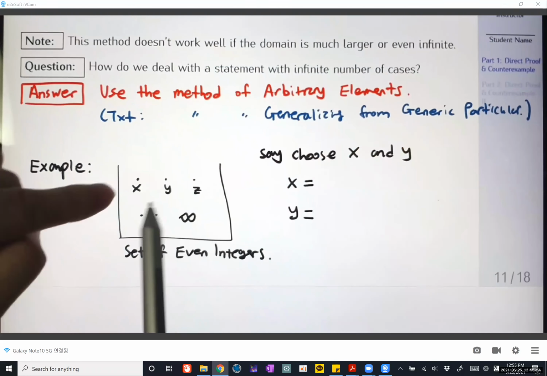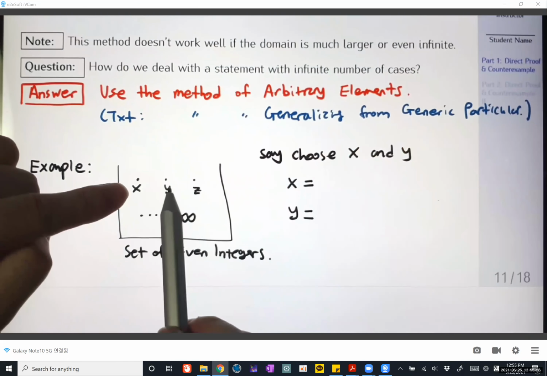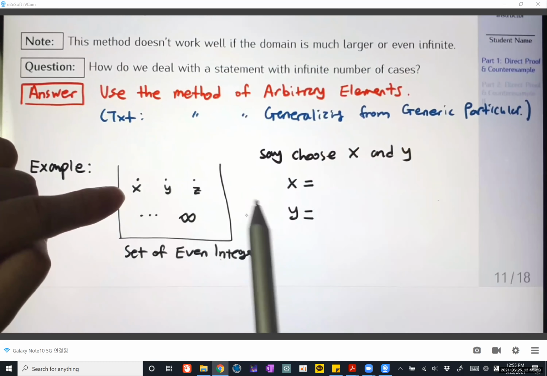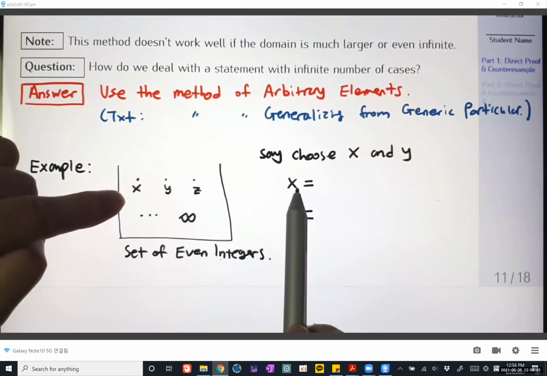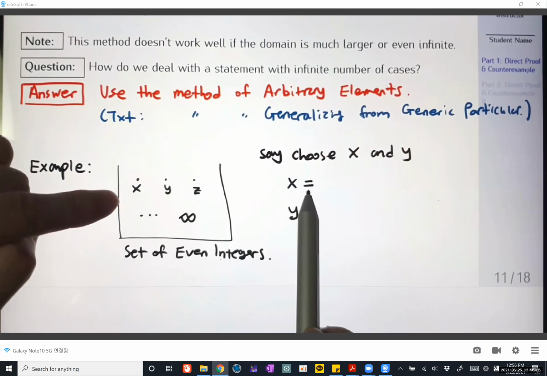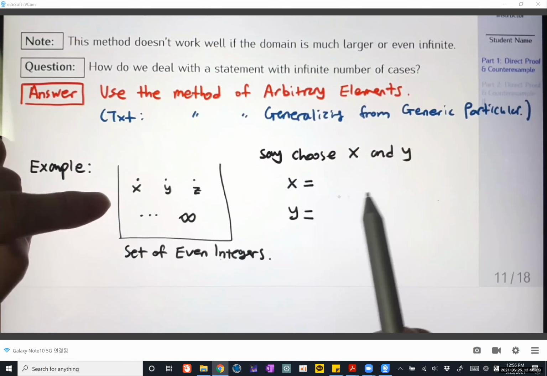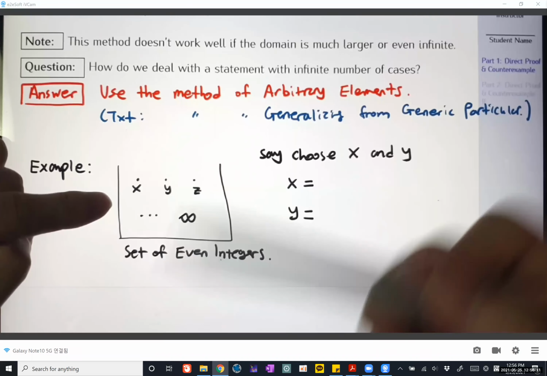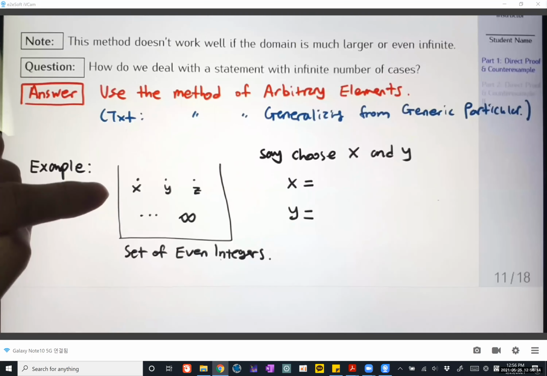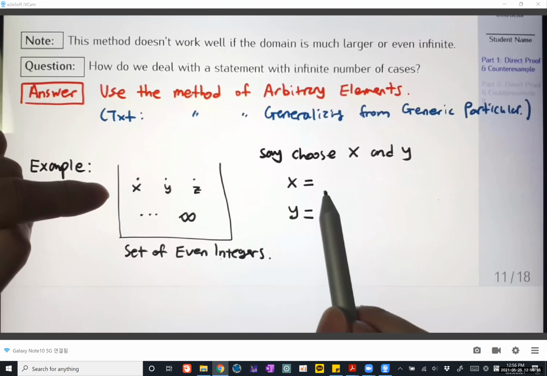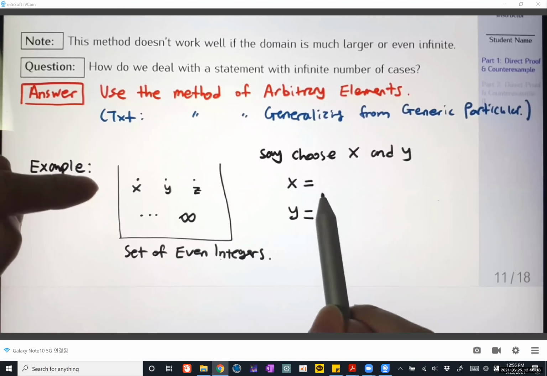Everyone, because X and Y belong to the set of even integers, what kind of generic DNA does X have? Because it's even, X can be written as what? From my first slide above. Thank you, Carol. Definitely.